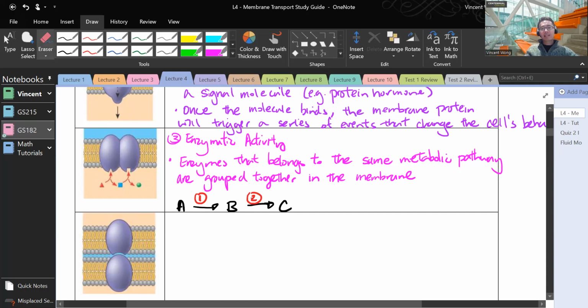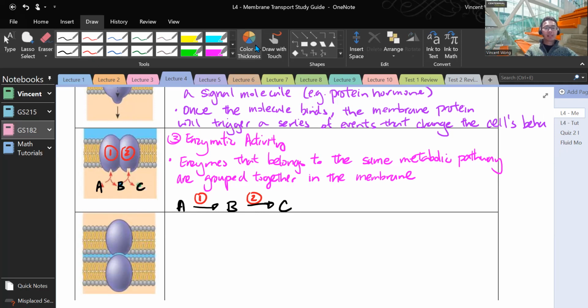So rather than having enzyme 1 and 2 randomly located in the cell, let's put them right next to each other on the membrane. Okay, so when A comes, 1 is going to get converted into B, and immediately B can be worked on by number 2, which then gets converted into C, right? So this allows the reaction to be carried out rapidly.